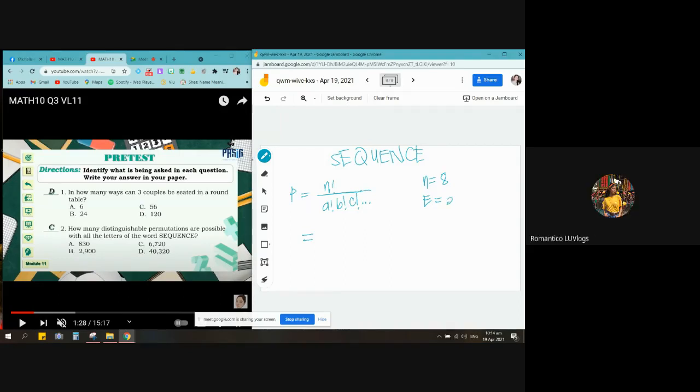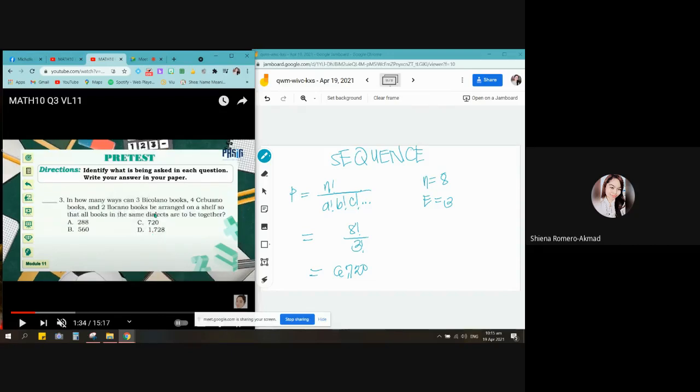Tatlo po. Okay. So, we'll have 8 factorial divided by 3 factorial. And if you solve that, what is 8 factorial divided by 3 factorial? We'll get 6,720. Okay. So, kaya nga ang answer dito ay letter C.